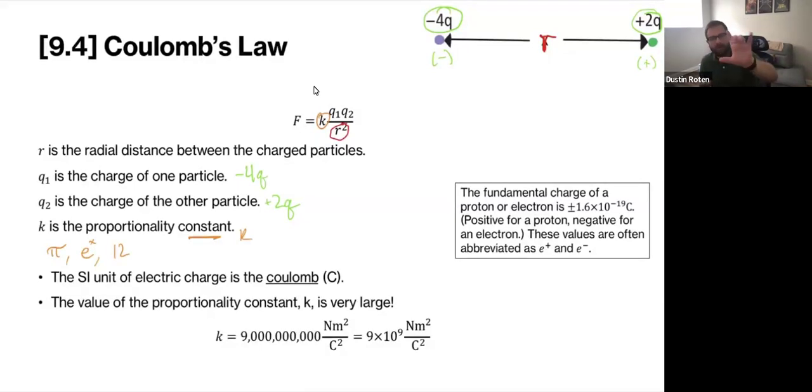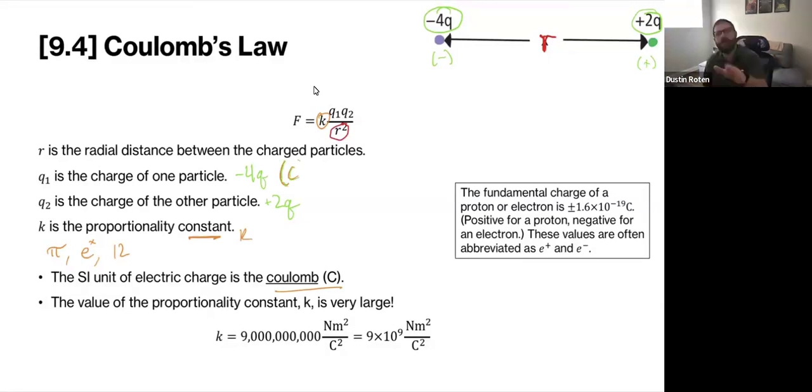So there's the definition of everything in the formula. The next thing we need to talk about are the units. When we actually measure what q1 and q2 are, these are going to be measured in coulombs. That's how we measure how charged something is. So this is a coulomb, and this is a coulomb.